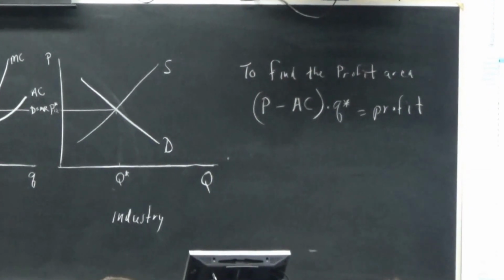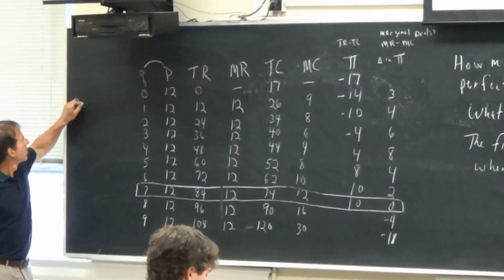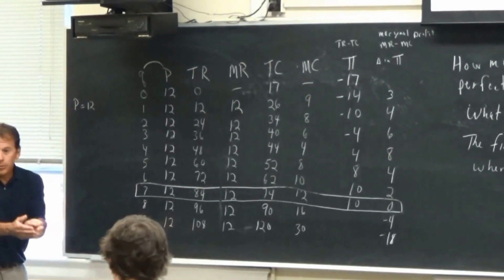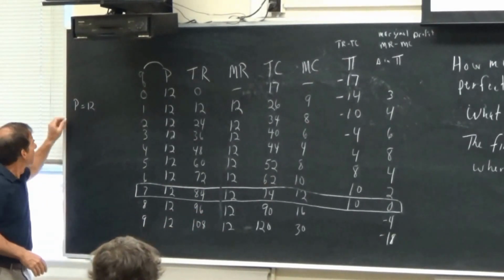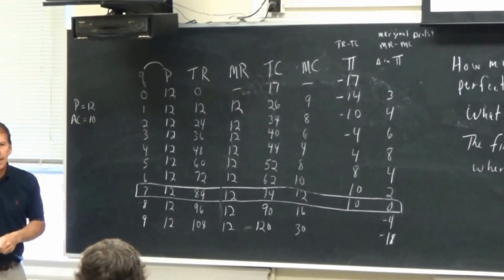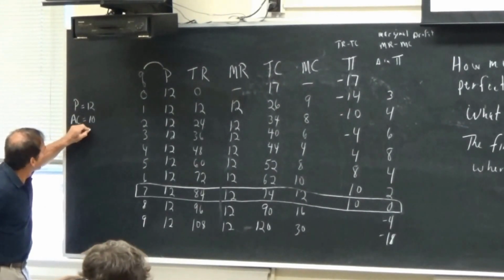Let's say the price of the good that you're selling is equal to $12. And the average cost, which is the average cost per unit that you make, is equal to $10. And you're producing 7 of them.